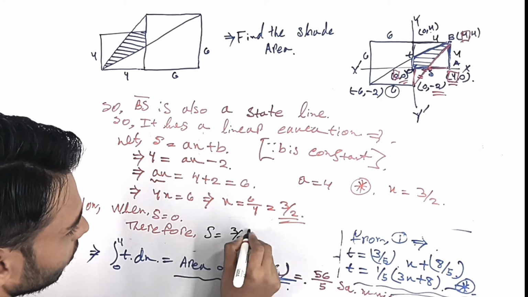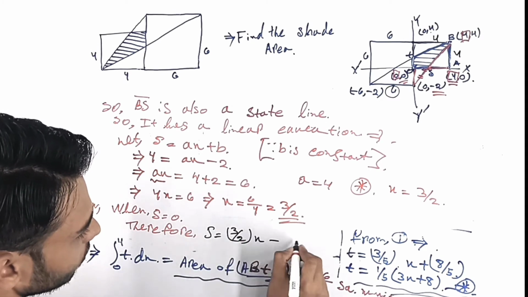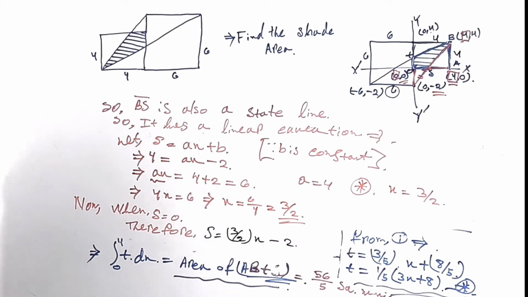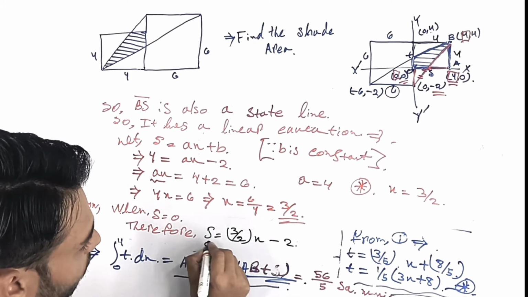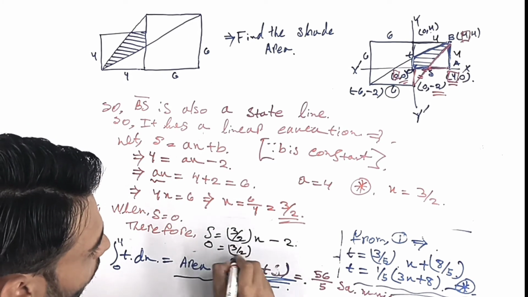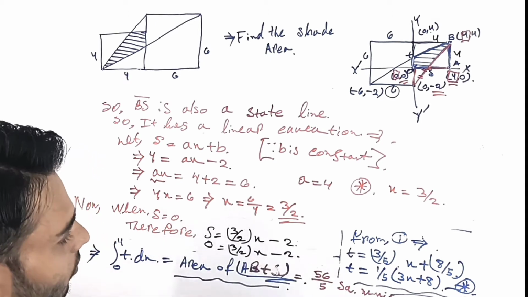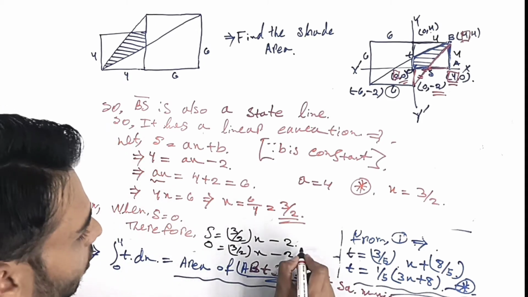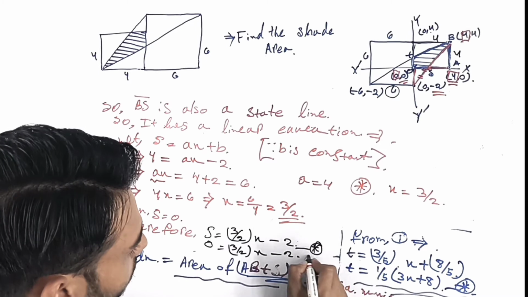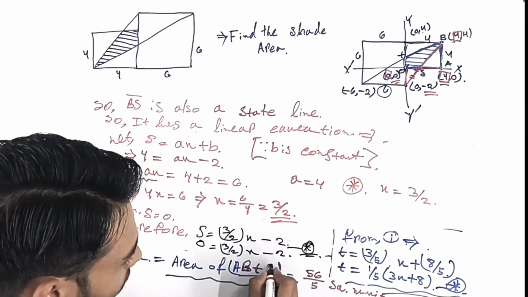So s equals 3 by 2 times x minus 2, that's it. And when x equals 0, so 0 equals 3 by 2 times x minus 2, that's it, and that's also the important part.